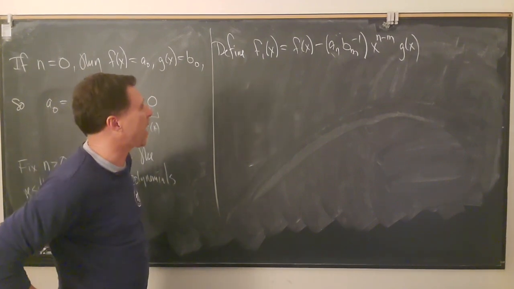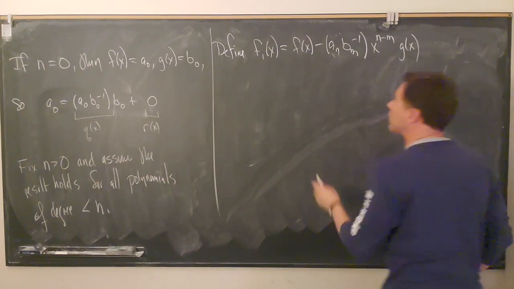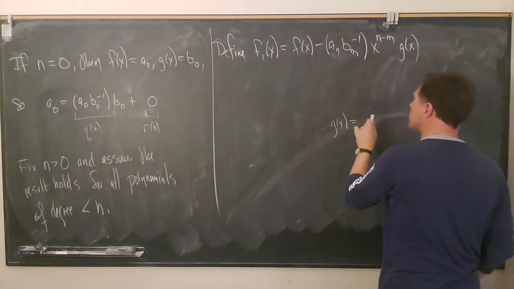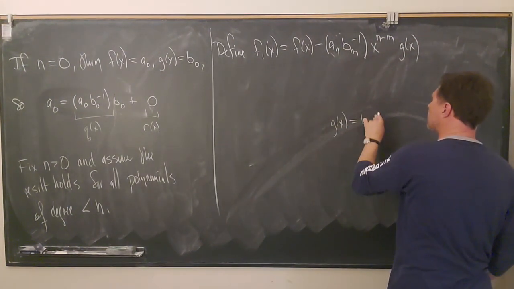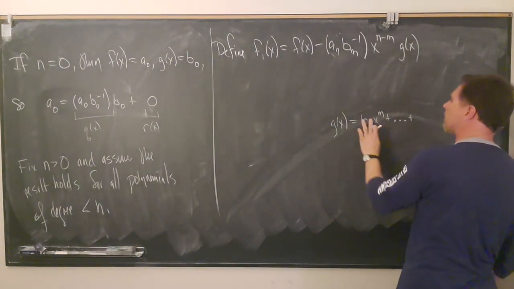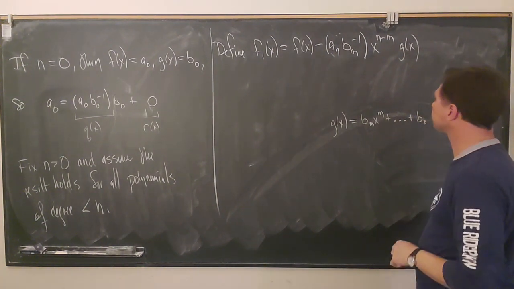All right, what just happened here? Well, let's explain what we are doing here. Remember, g of x looks like b sub m x to the m plus dot dot dot plus b0.